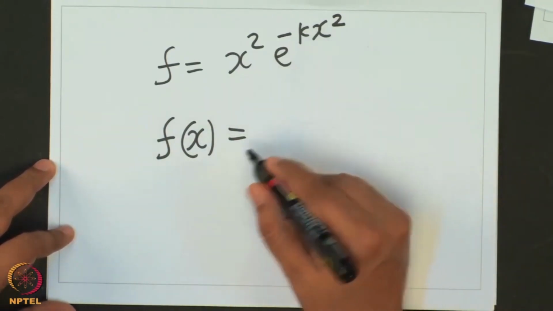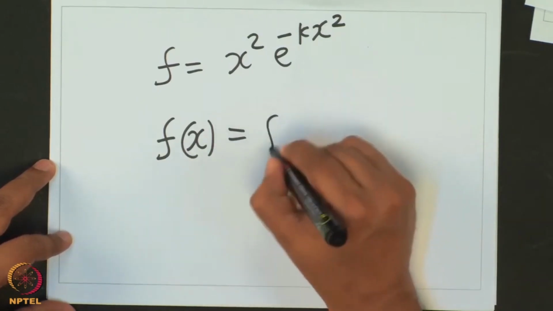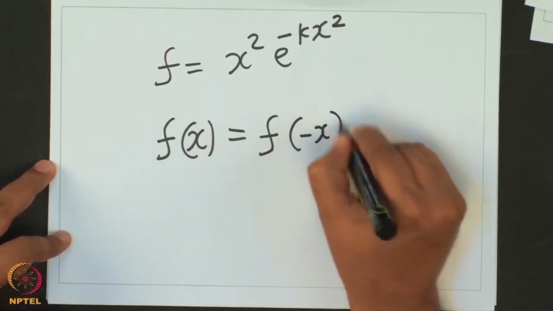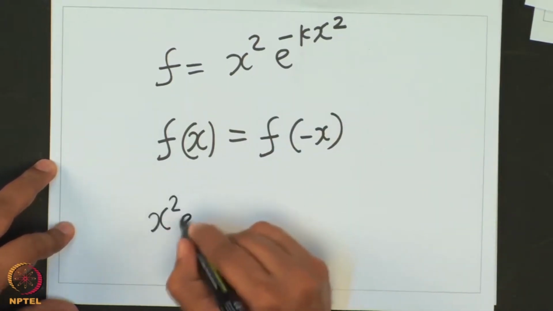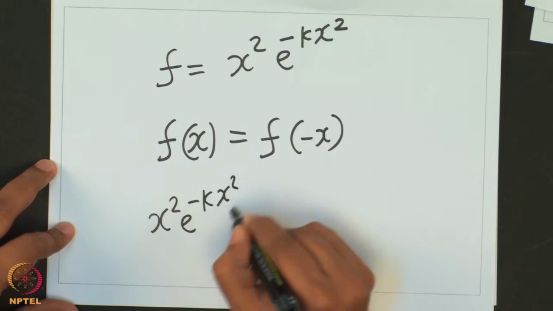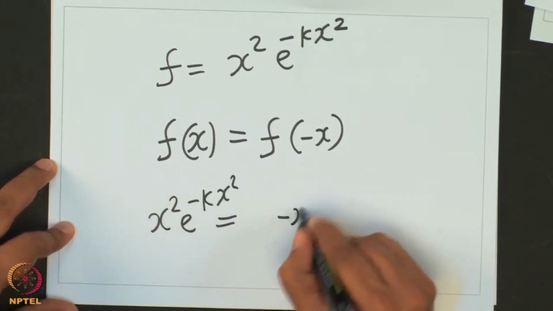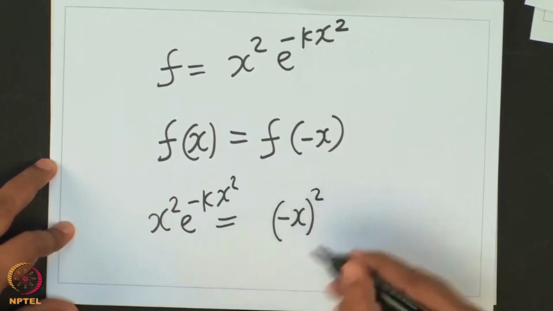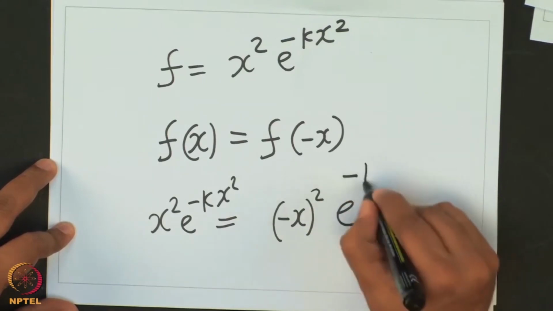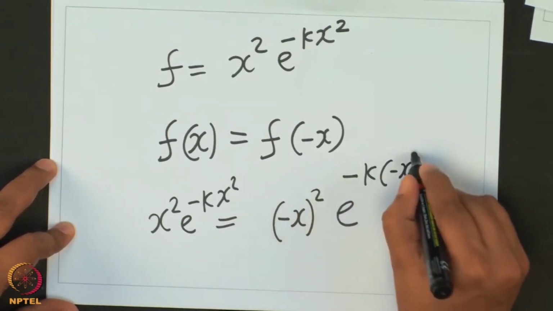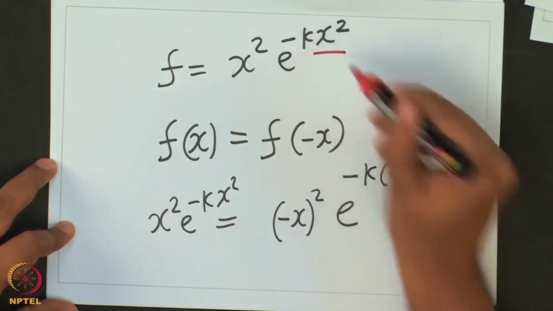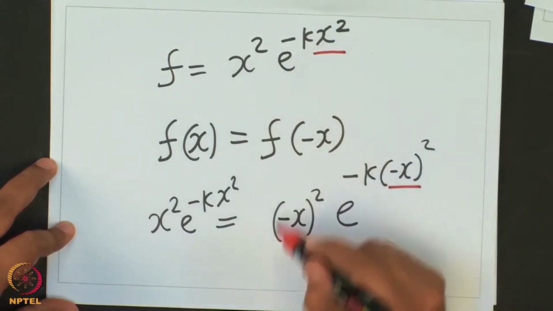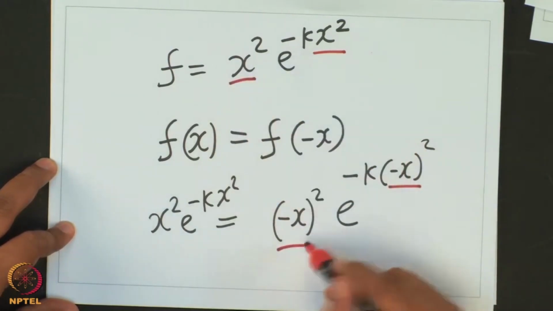What does that mean? f of x is f of minus x. In other words, x square e power minus kx square is equal to the same expression where wherever there is an x, I substitute a minus x.